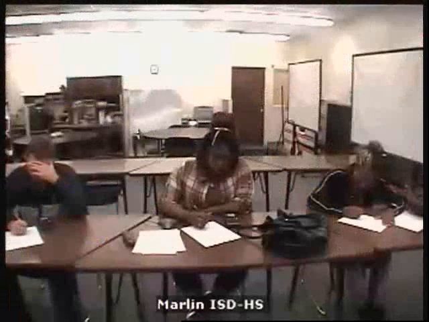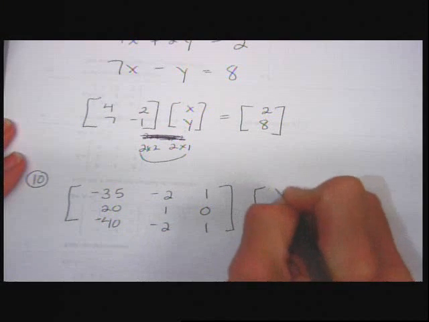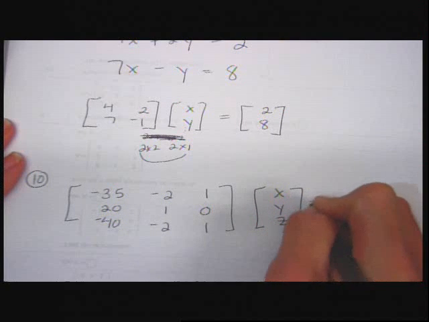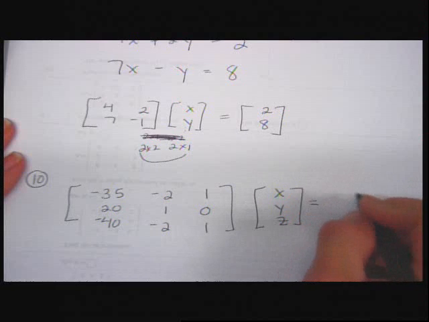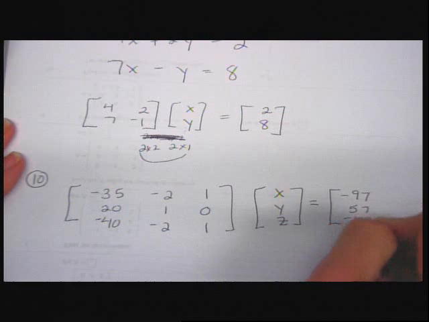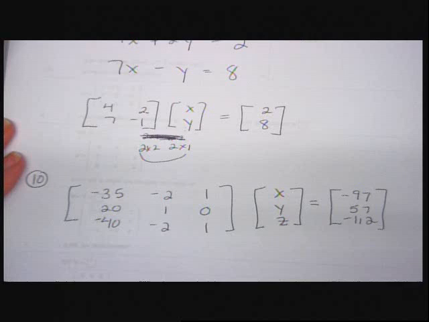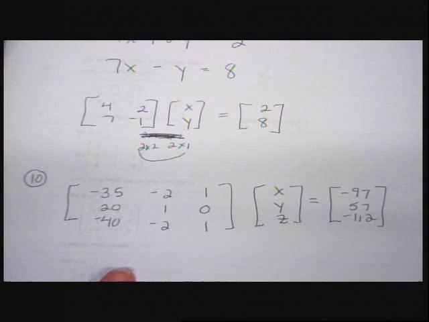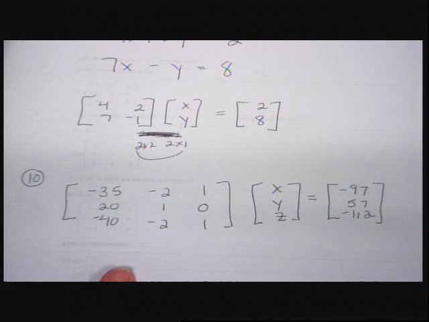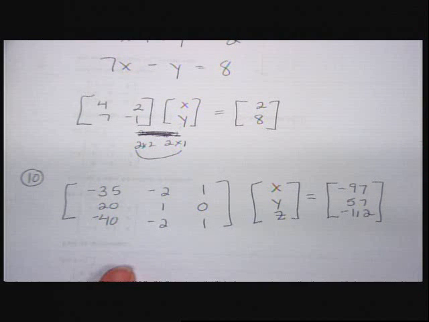Okay. And then here, you're going to put x, y, and z, right? And then that equals this column matrix, which is -97, 57, and -112. Is everyone okay on how to make it a matrix equation? Okay? All right, so now we'll see on number 11 why we would do that.